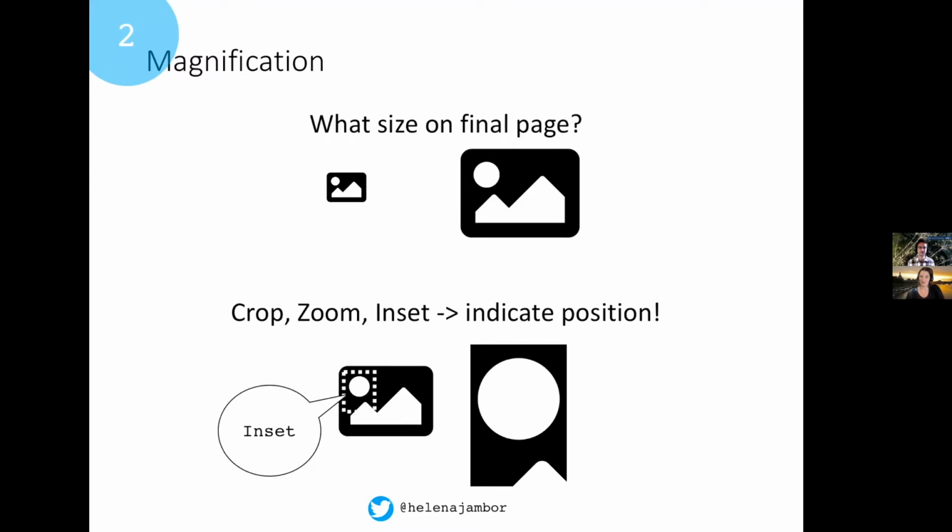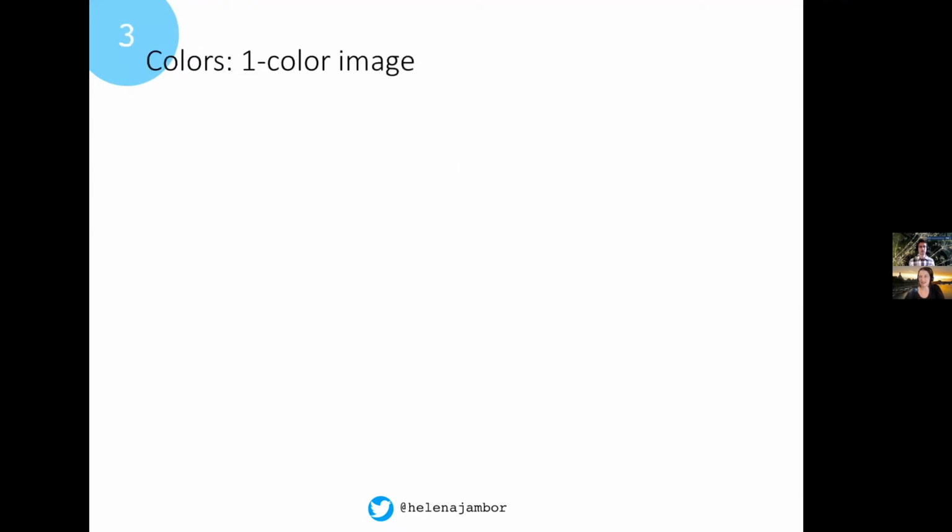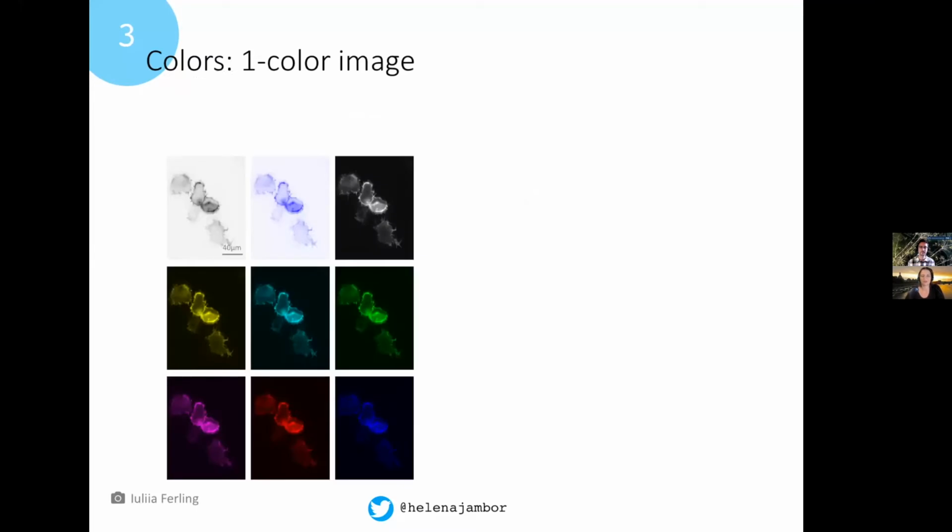Tip number 3 concerns colors, and we speak first about one color images, because not always do you actually have 2 channels in your light microscopy image, for example, or you just have one color image from a normal microscopy. So what you should consider is that different color combinations have different kinds of visibility. So depending on the color you choose for the channel that you're imaging, the contrast of the signal may vary on a different kind of background color.